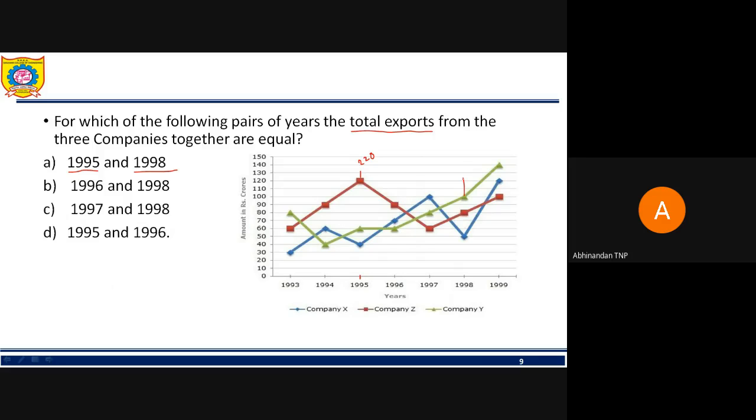Means here it is 230, means 95 and 98 they don't have the same export, means this is not the correct answer.